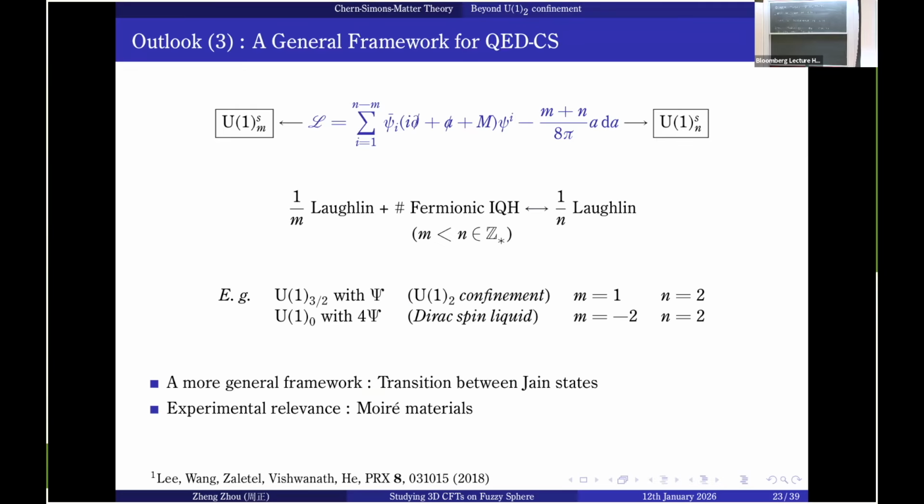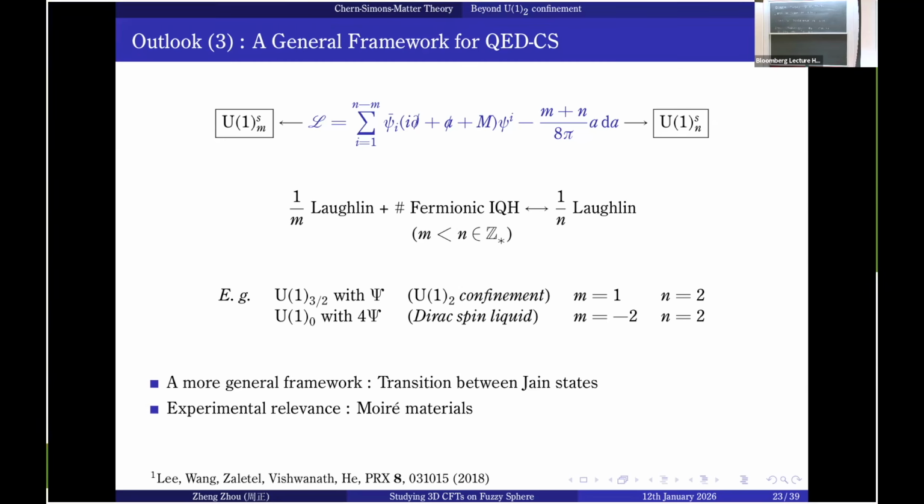And these are transitions between U(1) level M and U(1) level N. We can construct on the sphere the transition between a 1/N Laughlin state paired with some fermionic integer quantum Hall flavors and the 1/N Laughlin states.